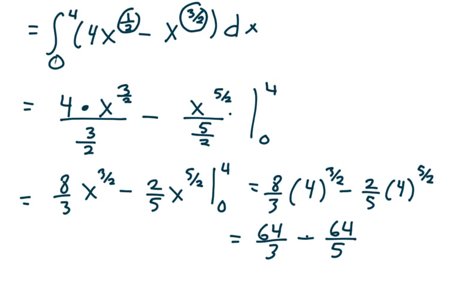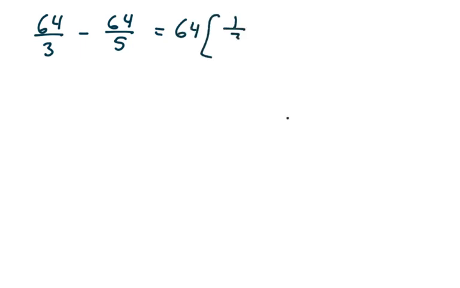Now, I'll show you maybe a different way of how I do a problem like this. If I'm very old school, so if I have 64 over 3 minus 64 over 5, what I would do is factor out that 64. And if you do that, you get 1/3 minus 1/5.